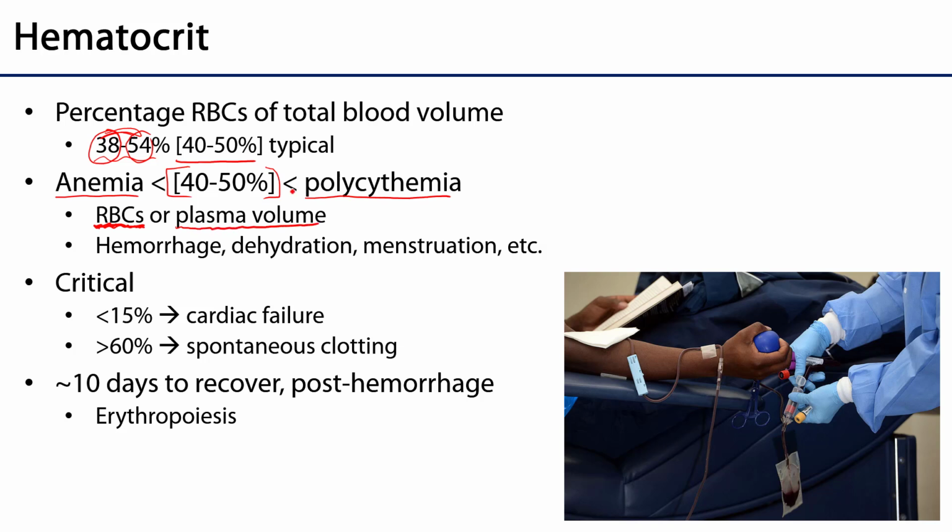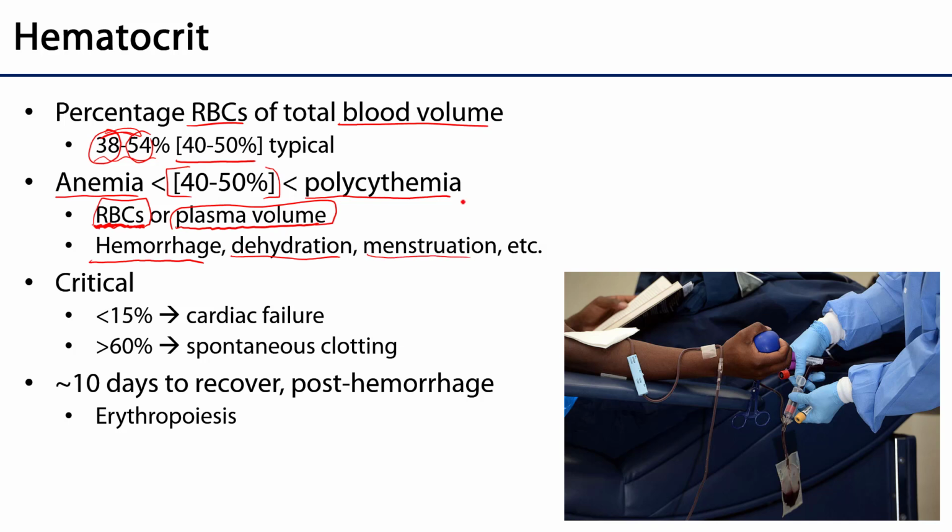Because this is a percentage of red blood cells per total blood volume. So you can either affect the solute or the solvent to get to that percentage. And so there are a number of ways that you can move toward anemia, for instance. So hemorrhage, you can get polycythemia through dehydration, you can get anemia through menstruation, etc., etc.